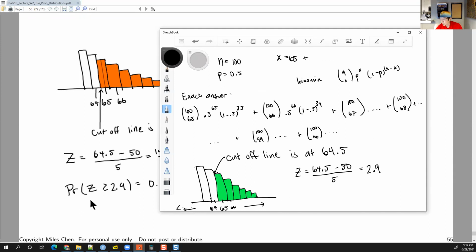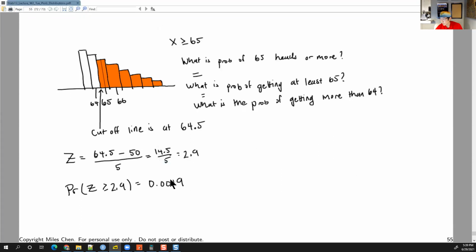And we ask, what's the probability that z is greater than 2.9? That area is 0.0019. So if you flip a coin 100 times, the probability of getting 65 heads or more is not very high, it's 0.0019.